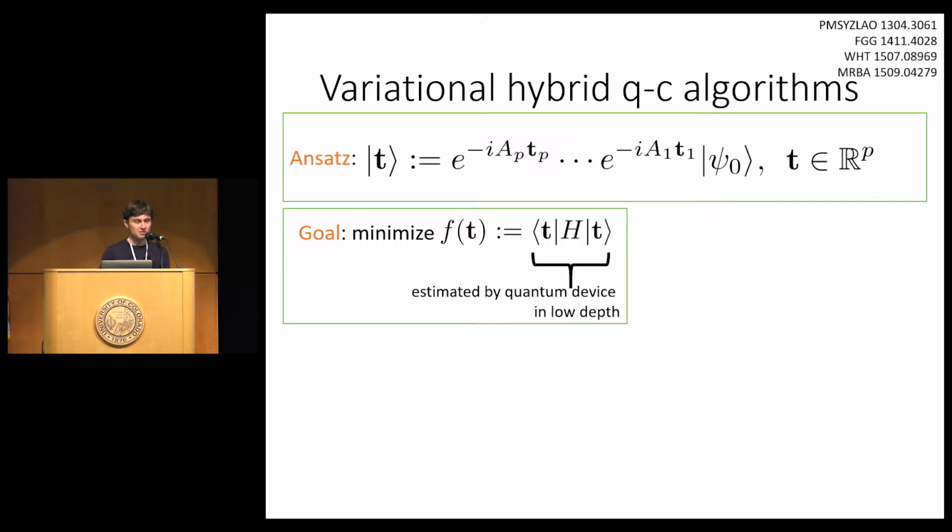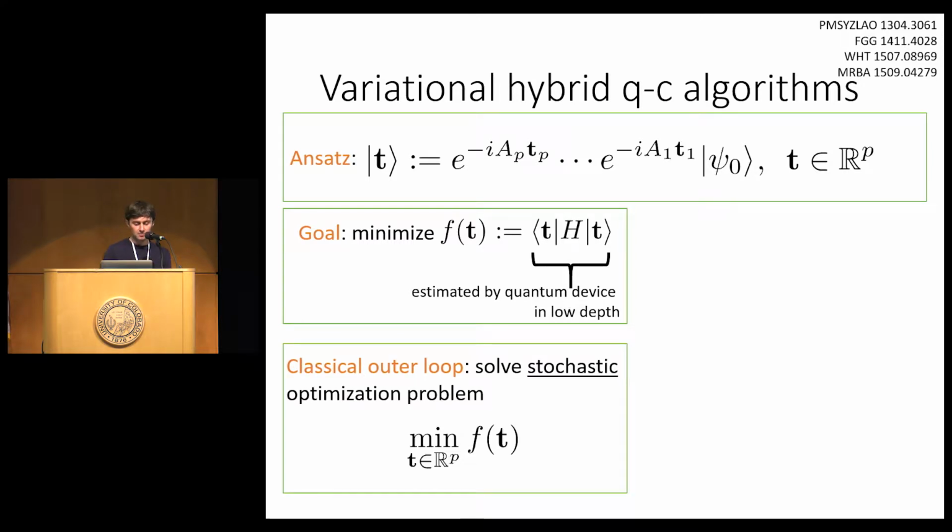By low depth, I just mean depth comparable to that needed to prepare the state T. So that's what the quantum device does. Then the classical computer gets this information and tries to solve some classical optimization problem. In particular, it's a stochastic optimization problem because it only has noisy access to the objective function f of t.